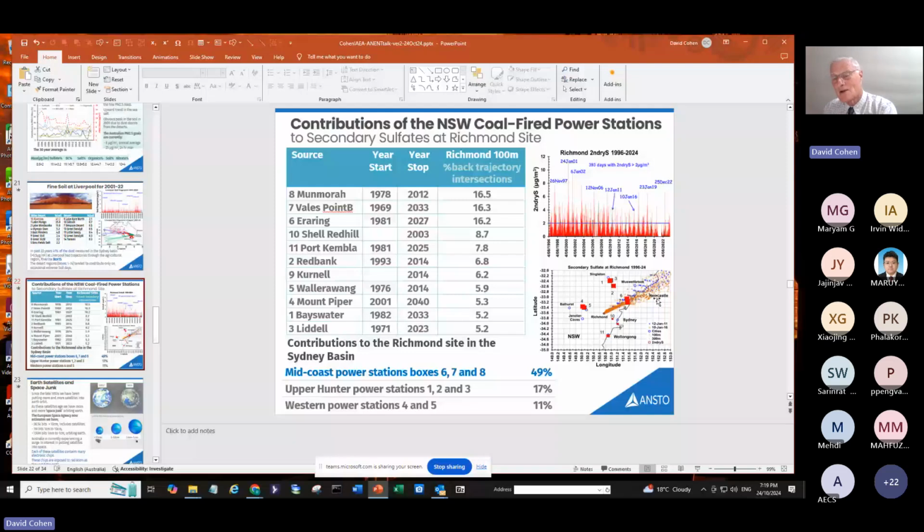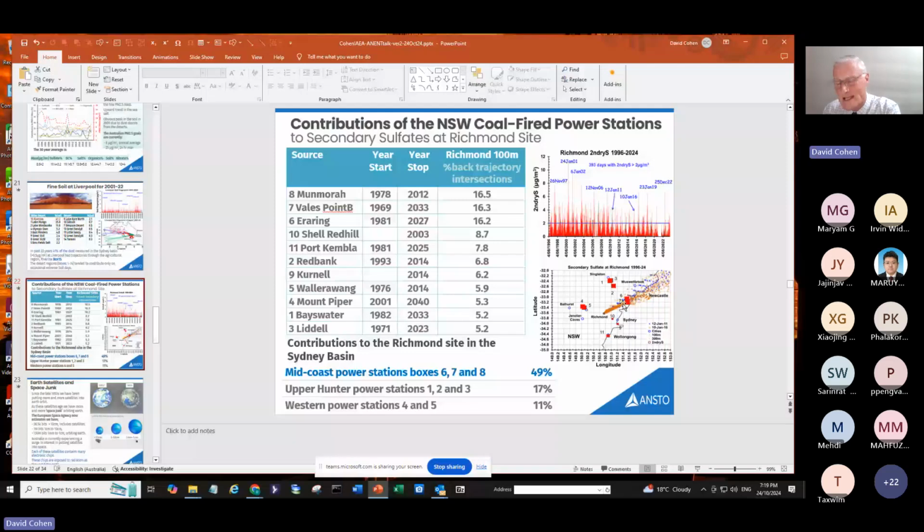If you look at this out here, these have come off the ocean, and in 24 hours would pass over these power stations and pick up ammonium sulfate. It's already got sodium and chlorine in it from sea spray, the sea salt, comes in over here, and we measure it here at Richmond. So that's a receptor site with a mixture of two sources, sea salt and secondary sulfate.